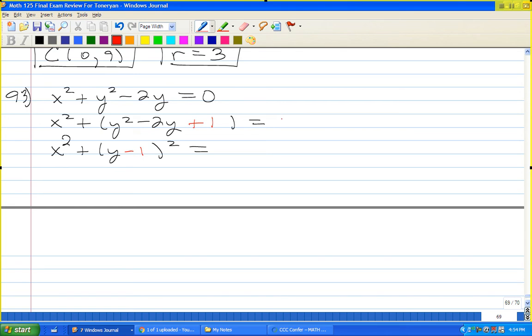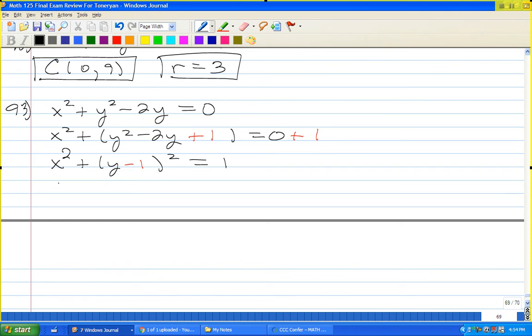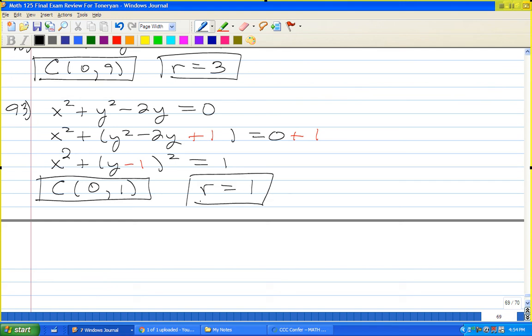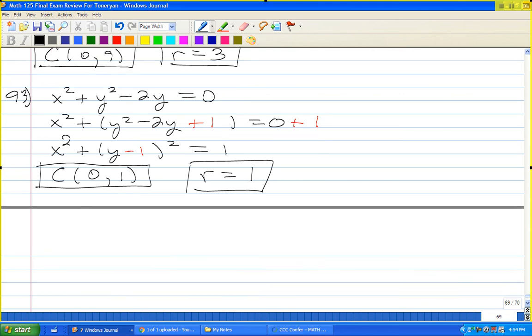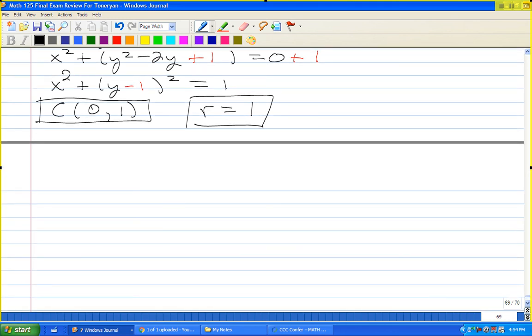So let's add 1 to both sides of my equation. And so the center of my circle is 0, 1. And the radius of my circle is 1. Square root of 1 is 1. Oh, and so find center, radius, and let's sketch the graph of this.